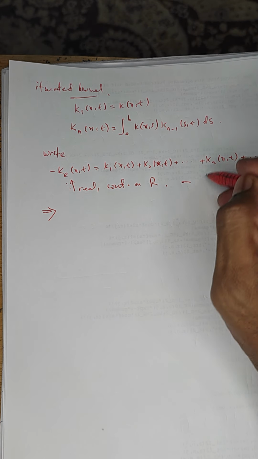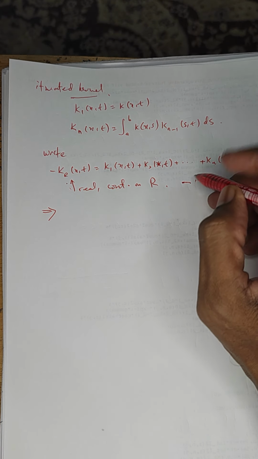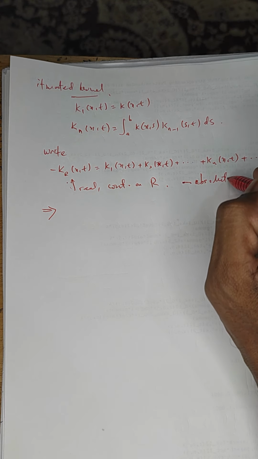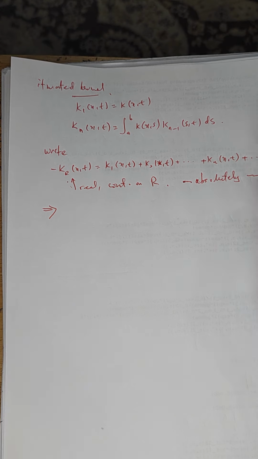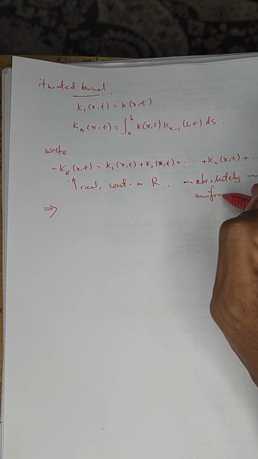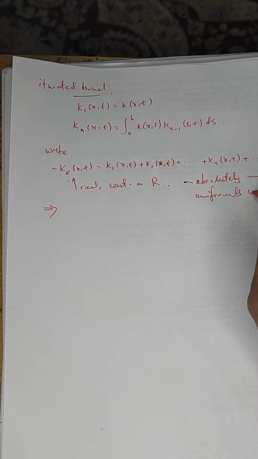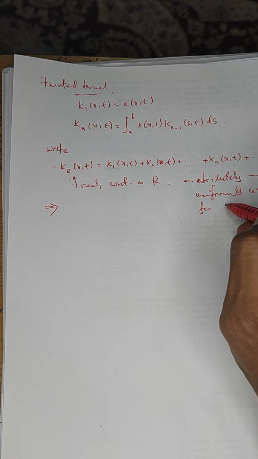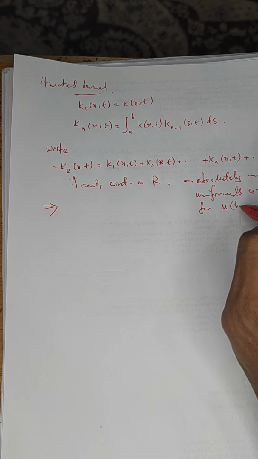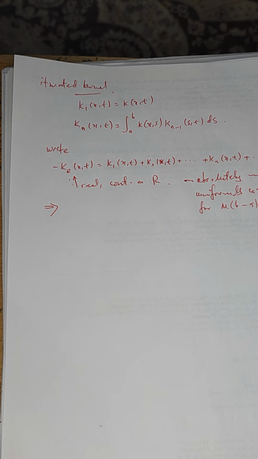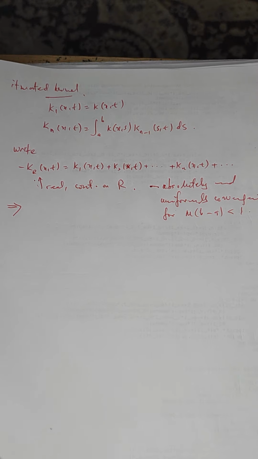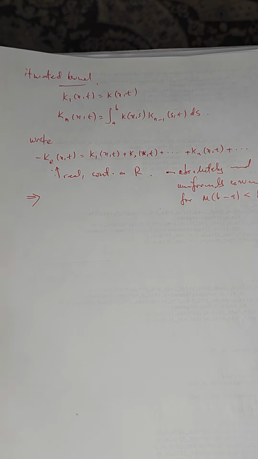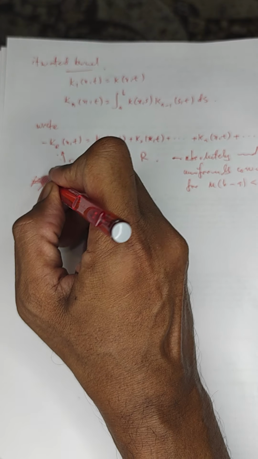So we need this series absolutely and uniformly convergent for m(b−a) less than 1.